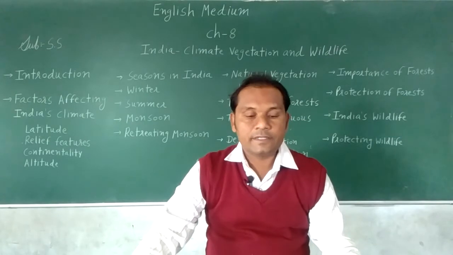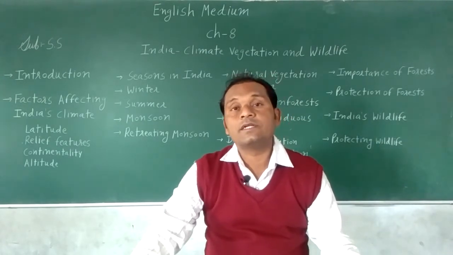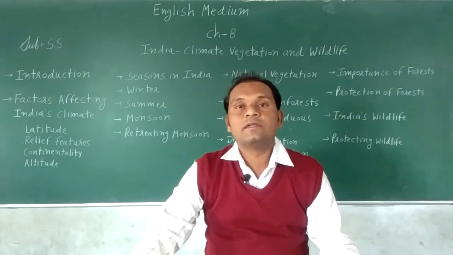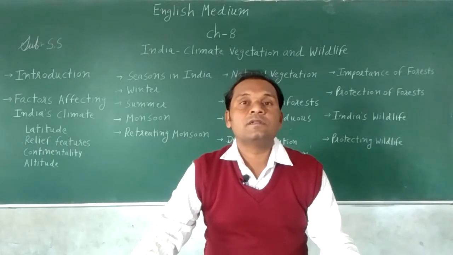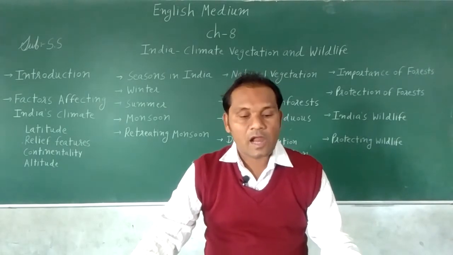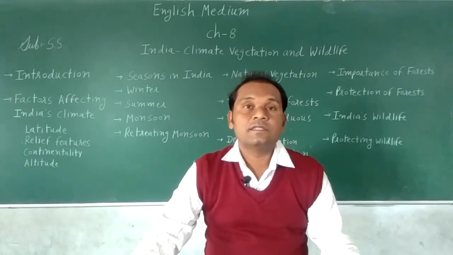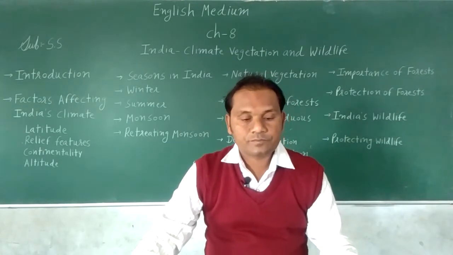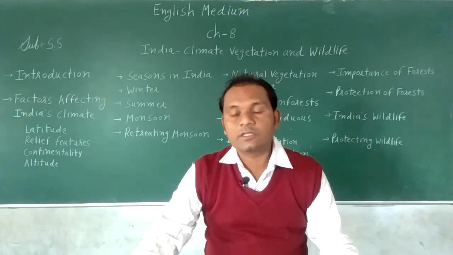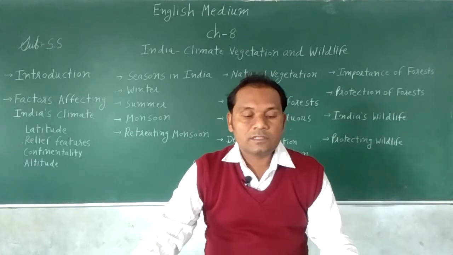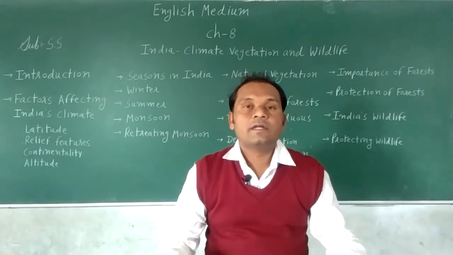Most of the country is covered with tropical deciduous forest, receiving average rainfall of 70 to 200 centimeters, mostly in the wet portions of the Deccan, the foothills of the Himalayas, and northern plains of Odisha, Chhattisgarh, and Jharkhand.